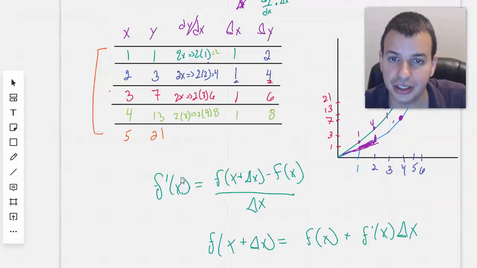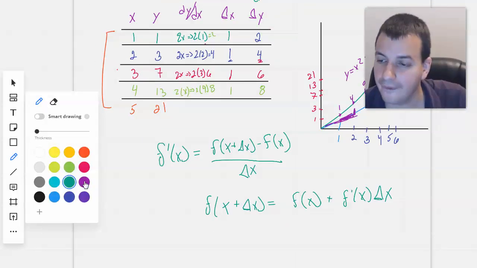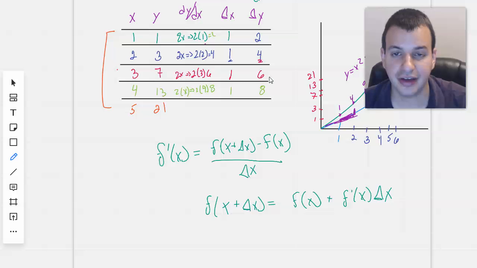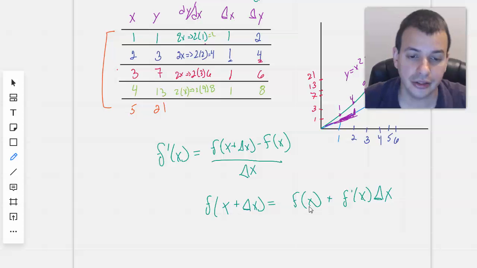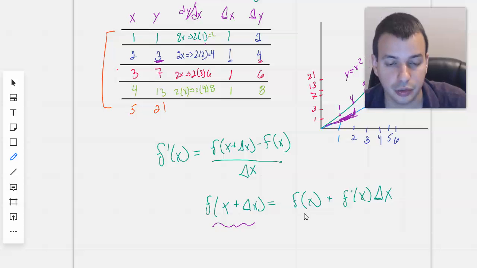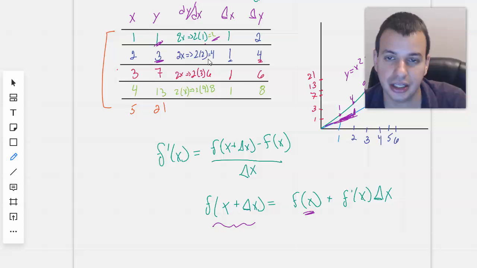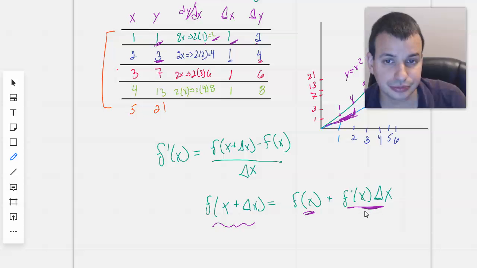And if you think of the f of x as y, then what you have here is the next value of y equals the previous value of y, plus dy/dx right here, times the change in x right there.